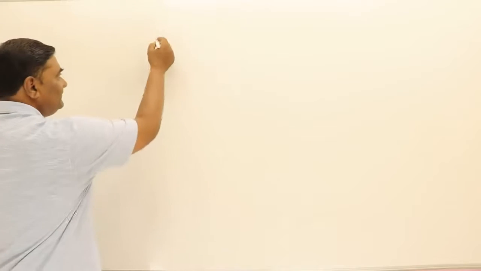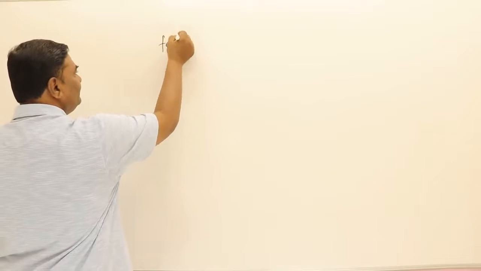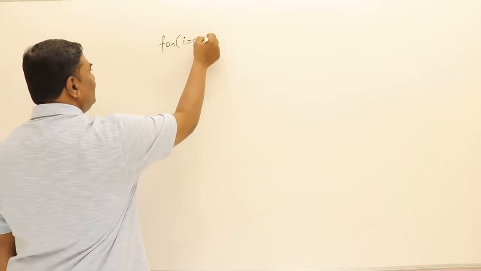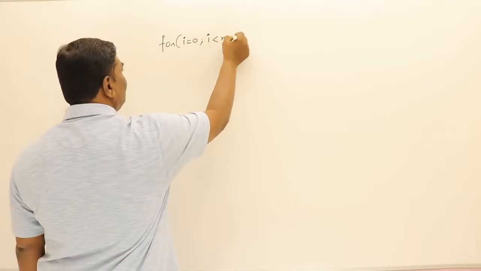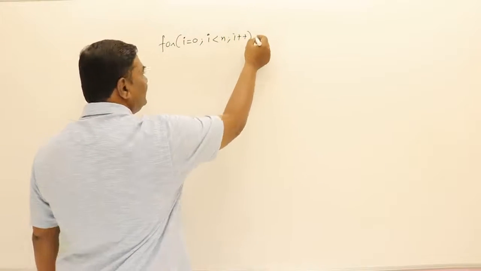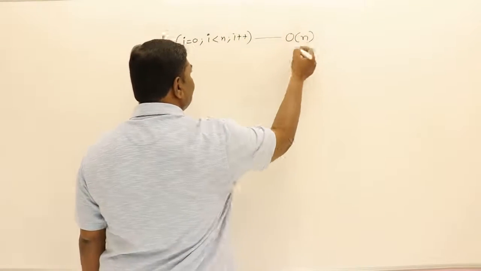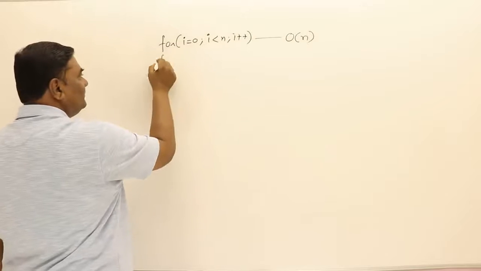Now let us write some pieces of code and see what the time complexities that we have got so far. See, if I write a for loop for I assign 0, I is less than n, I plus plus. For this we got the time as order of n. This is the incrementing loop.